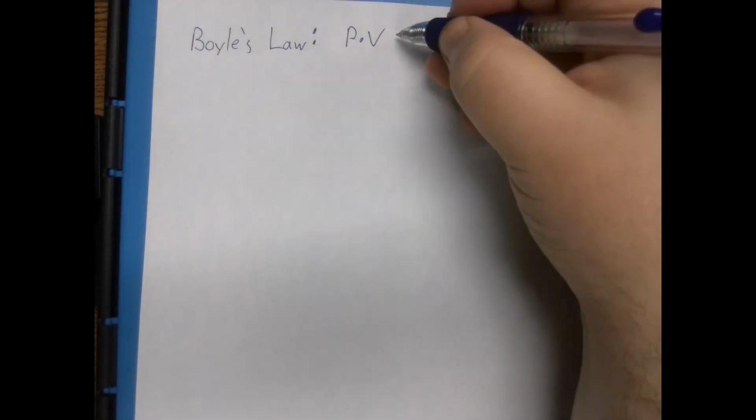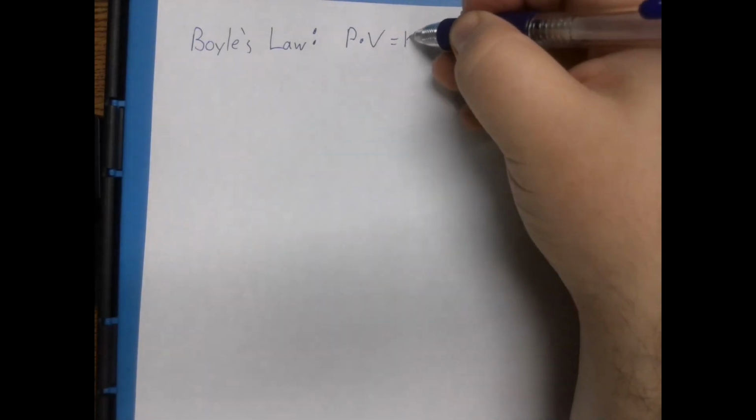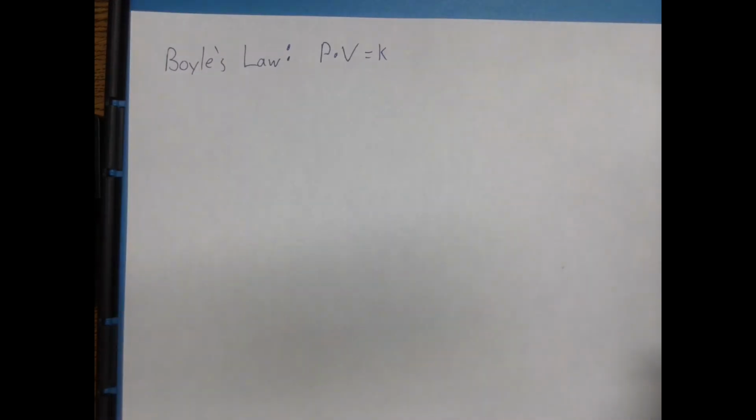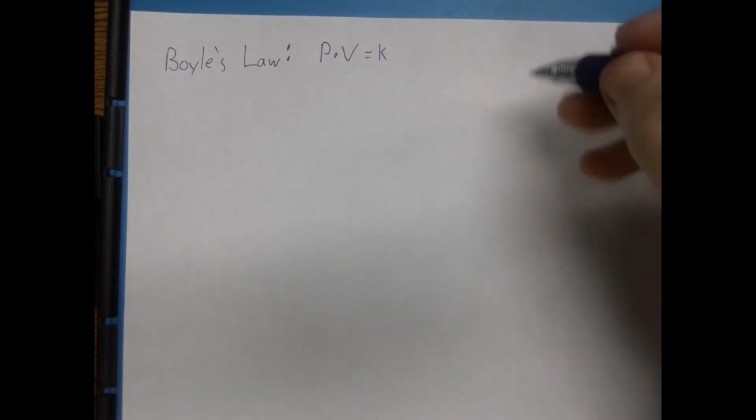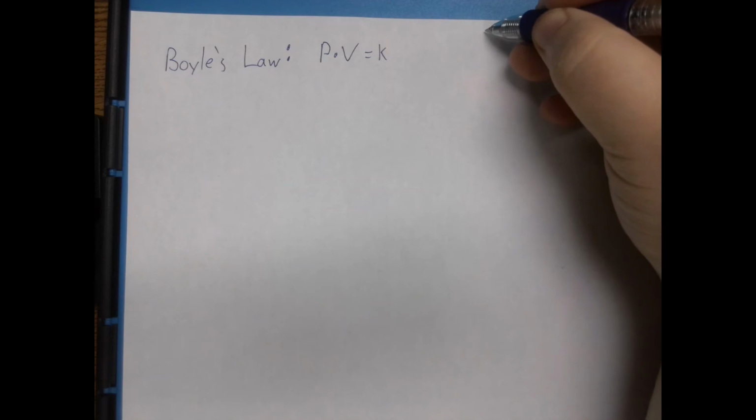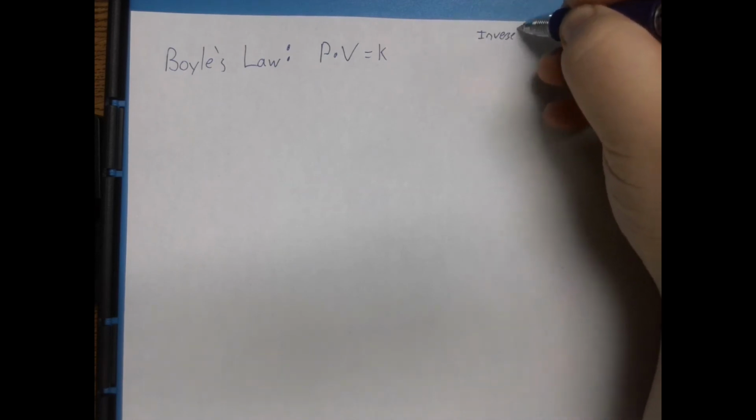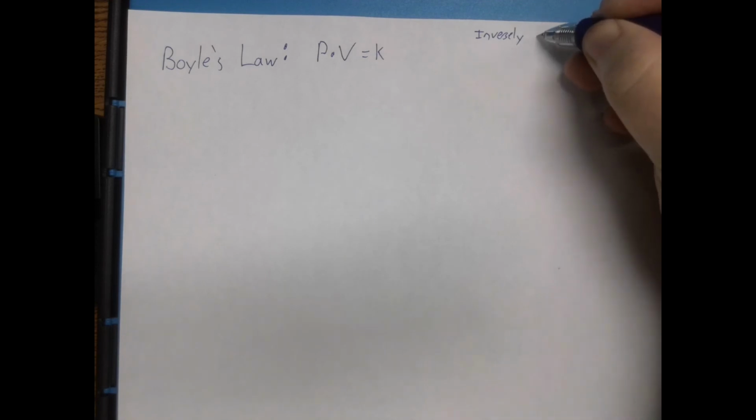So we see that pressure times volume is equal to some constant. This means that pressure and volume are inversely related.